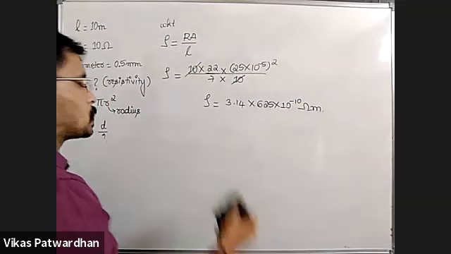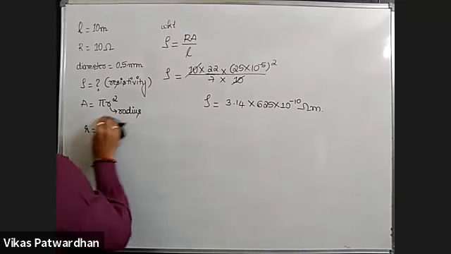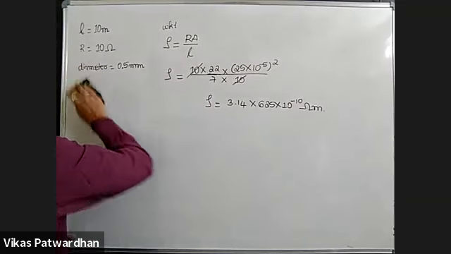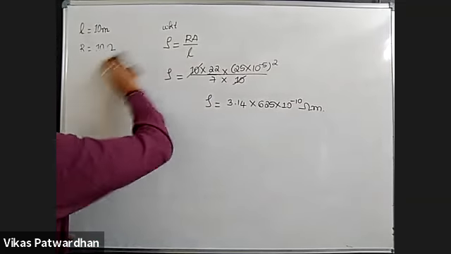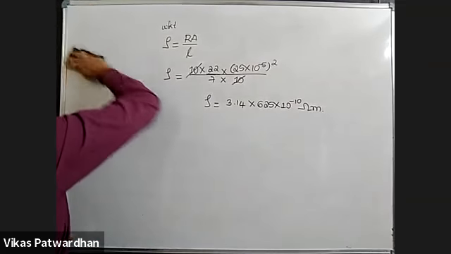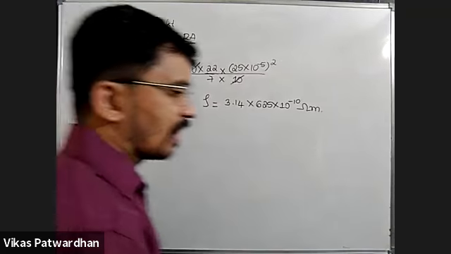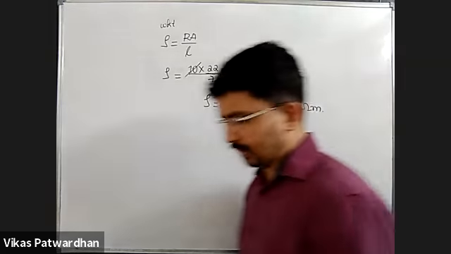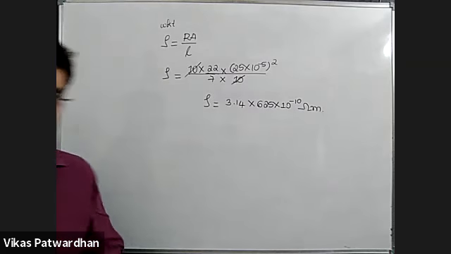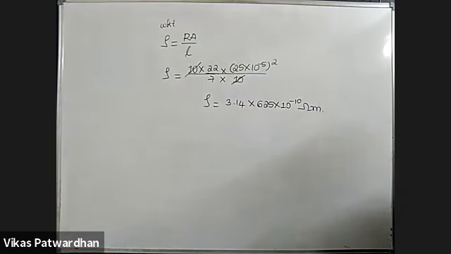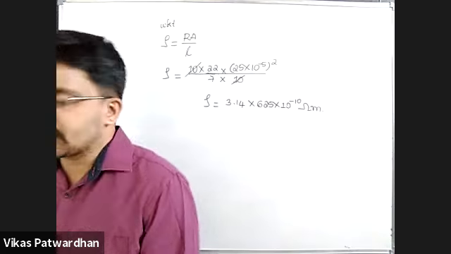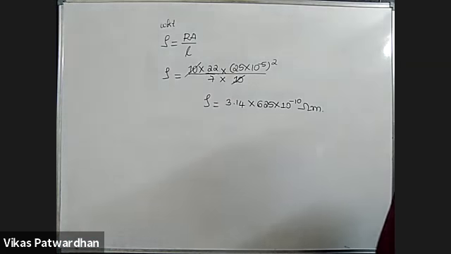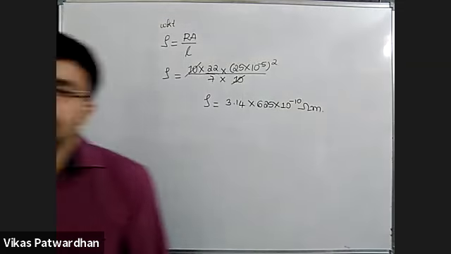Two wires made of copper. First wire has length 2 meters and radius 2 millimeters.